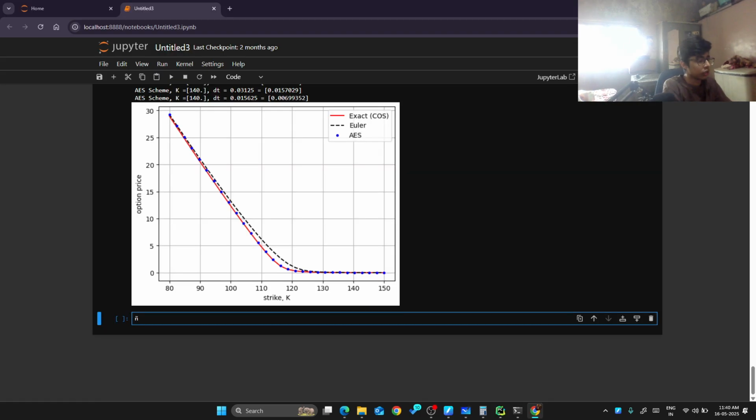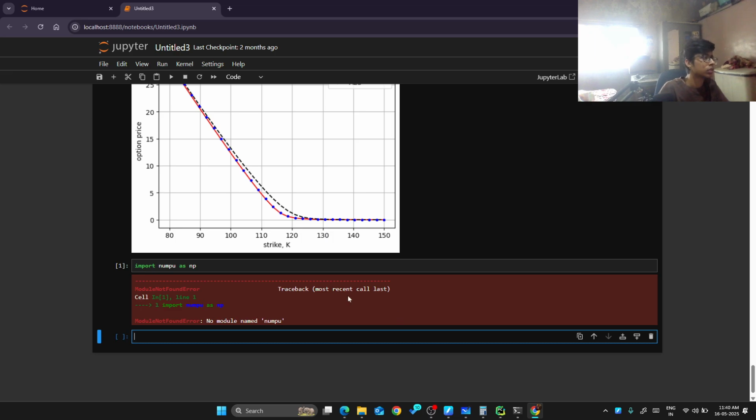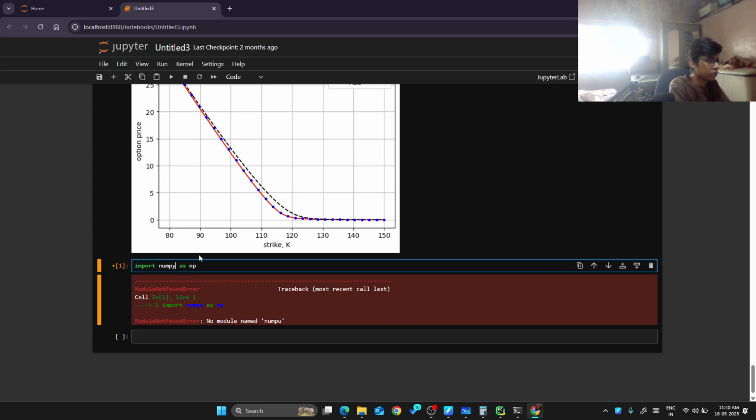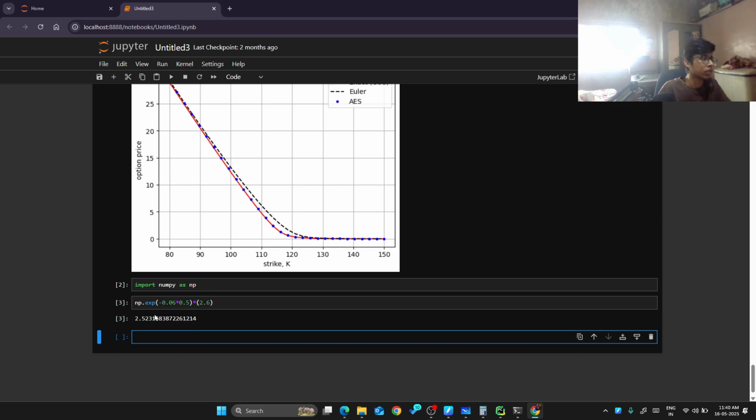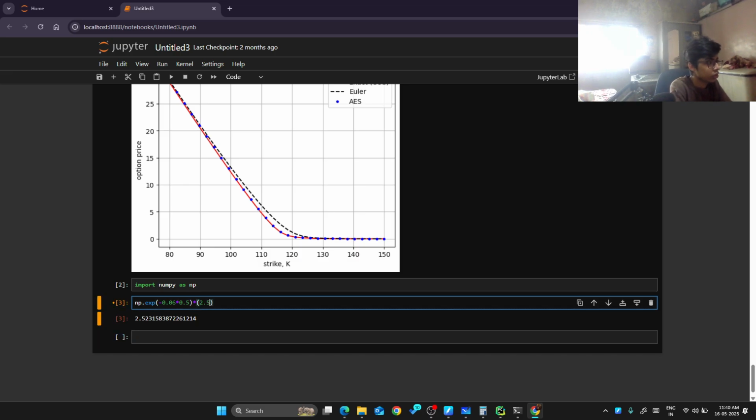I just opened a Jupyter notebook for the calculation. We import numpy as np, and then use np.exp of minus 0.06 times 0.5, and multiply it by 2.5.